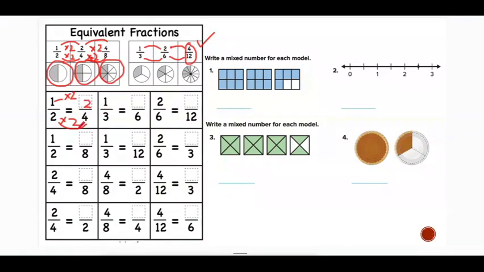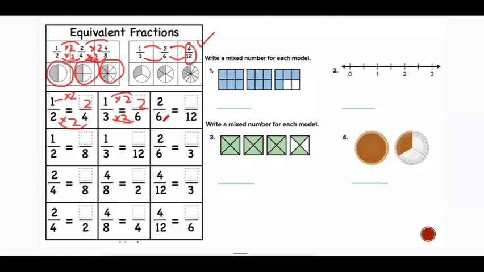So the equivalent fraction for 1 by 2 is 2 by 4. Move to the next question. 3 times what is 6? 3 times 2 is 6. So I multiply the numerator with 2 as well. 1 times 2 is 2. I hope you are getting the point now.